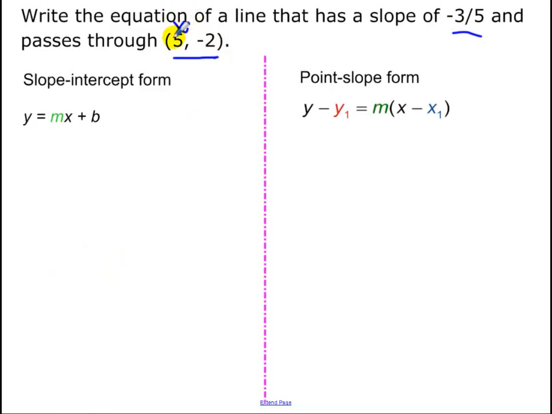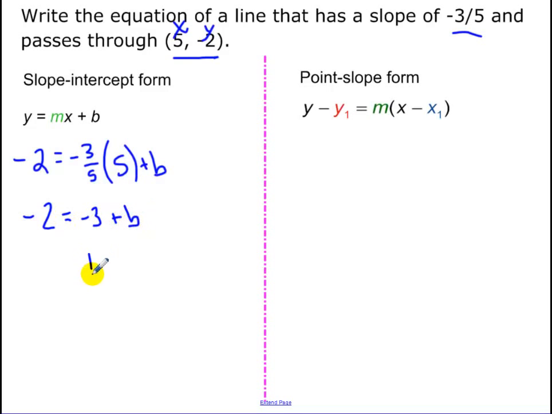Remember, that's an x and a y. So our y in slope-intercept form is -2. Our slope is -3/5. Our x is 5, and we need to solve for b. So we get -2 is equal to -3 plus b. b is equal to 1.